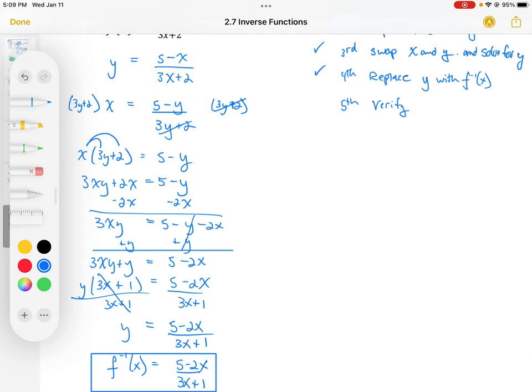And in order to do that, remember here, to verify means I'm going to take my inverse function and plug it in to my original function, and I should get x in return. And when I do the opposite of that, taking my original function and substituting it in for my inverse function, I should get x in return for that also.